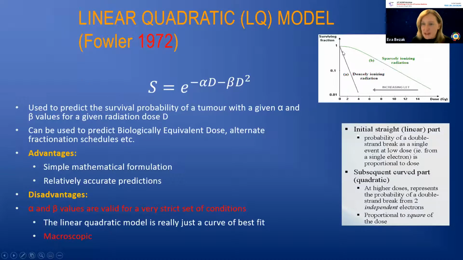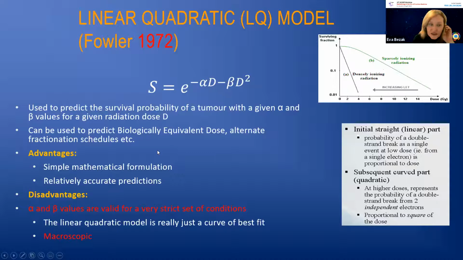This one becomes nearly linear. Please notice that this is a logarithmic scale on the y-axis, and it's being dominated by the linear component of this linear quadratic model. Because there is a dependence of the survival on the linear function of the dose and quadratic function of the dose, we have the name linear quadratic model.